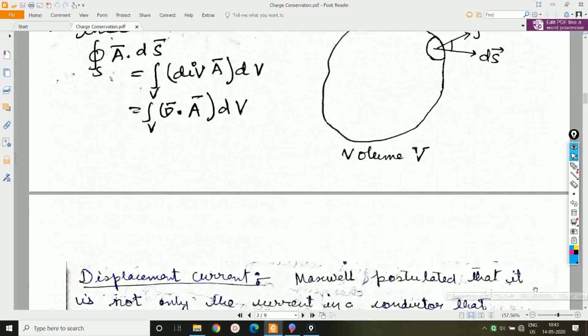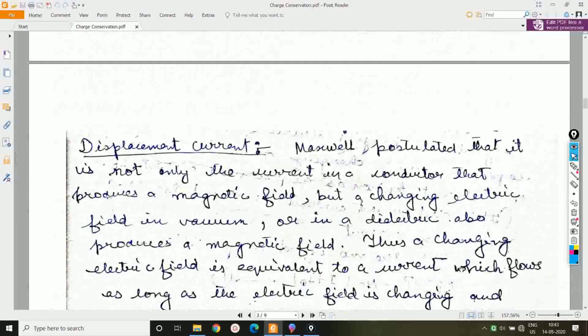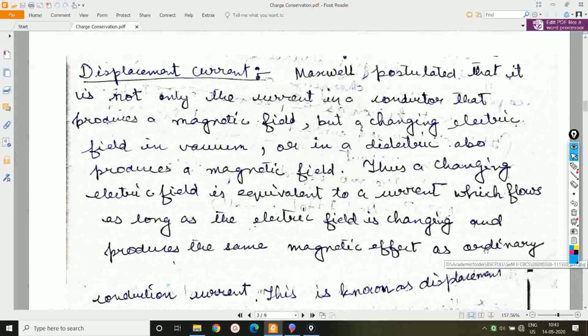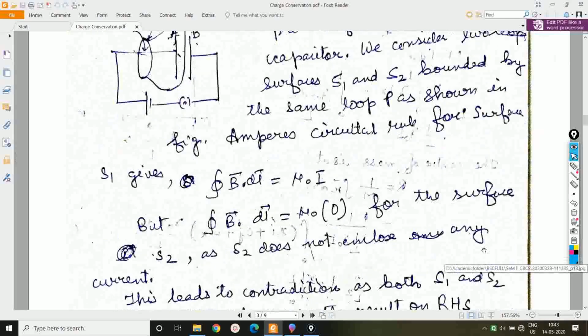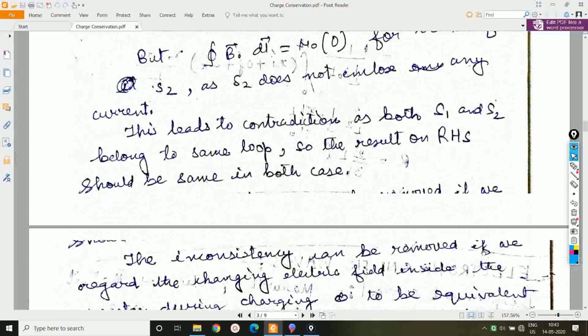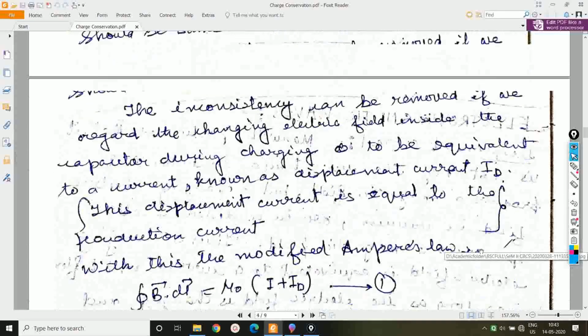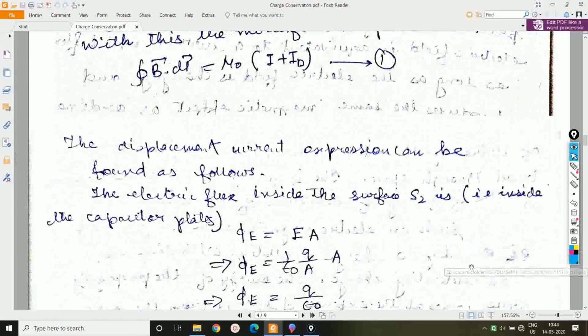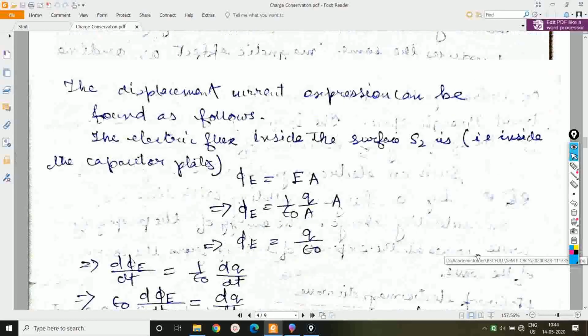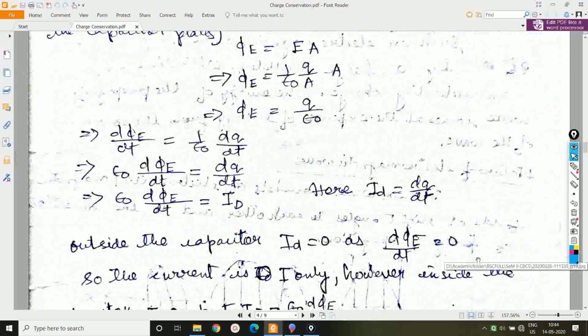And we also learned displacement current, how the concept of displacement current came into the picture, and how Maxwell corrected Ampere's circuital law. In the next lecture, we will go to the introduction to Maxwell equations.